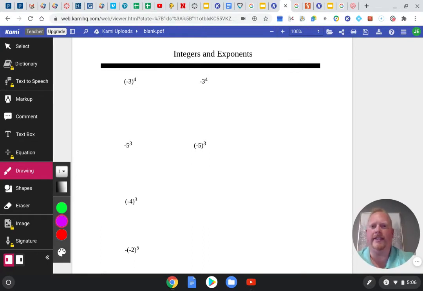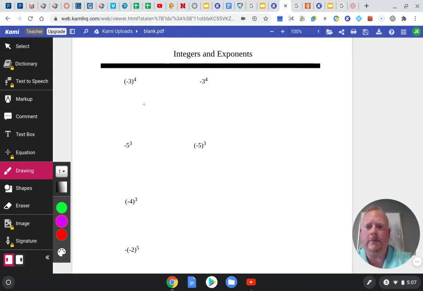Let's go ahead and work it out together now. So let's use our knowledge of negatives and how they multiply in order to figure out the correct answer for this. So here I've got negative 3 to the 4th power in parentheses. So that exponent only affects what it's directly sitting on. In this case, that 4 is directly sitting on negative 3, which means that negative 3 happens 4 times.